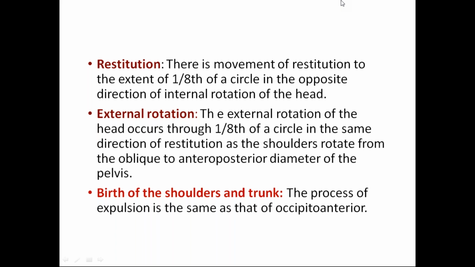The anterior shoulder will rotate towards the symphysis, along the direction of the external rotation. So this is internal rotation of the shoulder towards the symphysis pubis, with external rotation of the head. Then birth of the shoulder, trunk, and expulsion, same as that of occiput anterior.